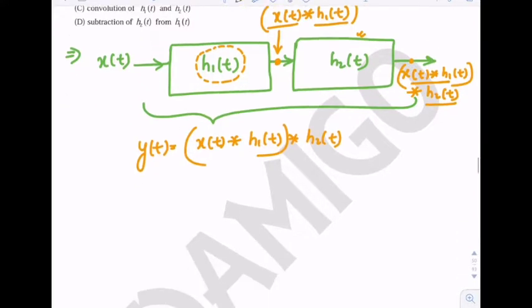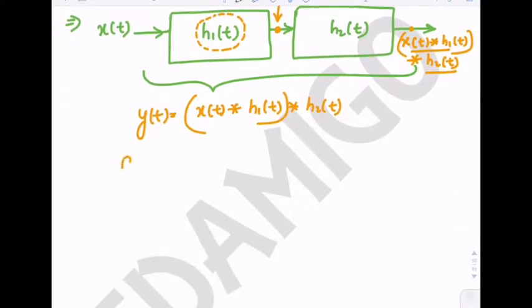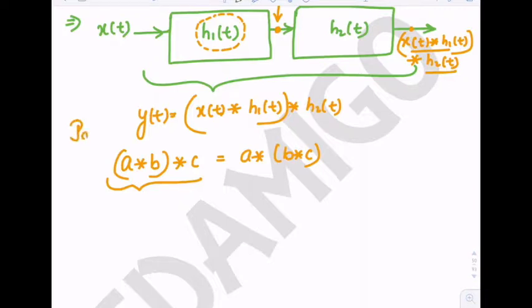Now as we know, convolution has a property that (a convolve b) convolve c is equal to a convolve (b convolve c). That is, this is the property of convolution, that convolution of three signals can be found by first convolving two signals and then convolving the result with the third signal.